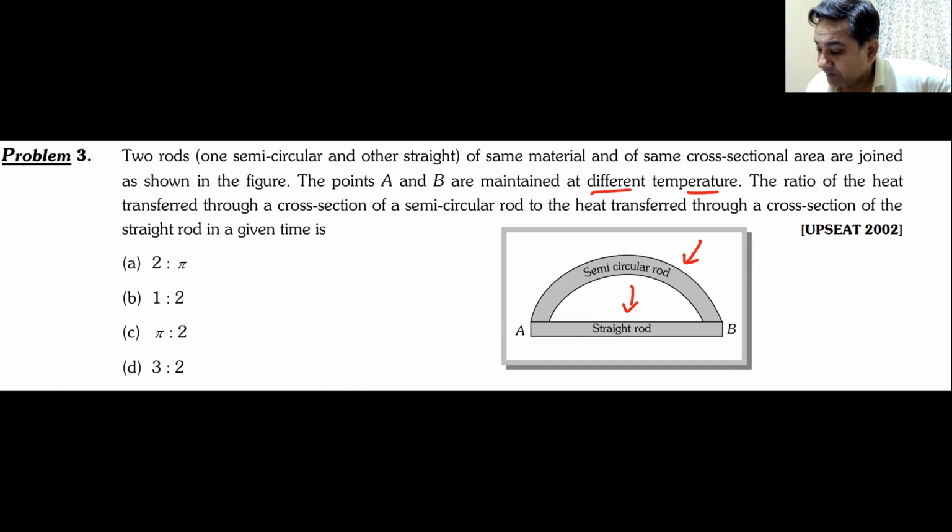Please remember this, I hope you are finding out the right ratio and not the wrong one. Pi is to 2, sir. Pi is to 2. Okay, I think that would be correct.